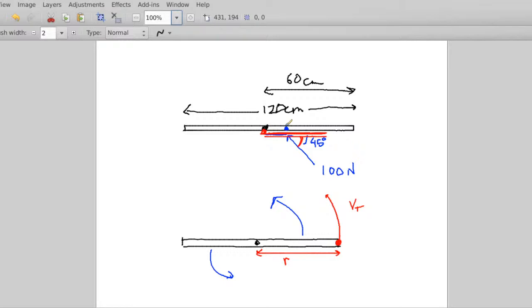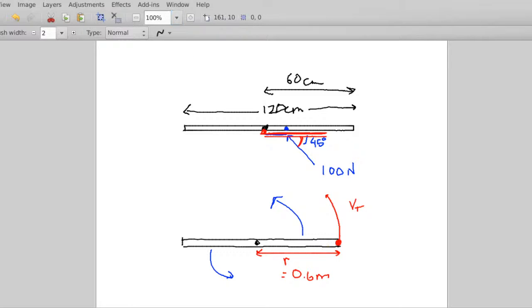It's the same as when we had where the force was acting at 20 centimeters. All the r's in these problems, the radial distances, are always measured from the axis. So you start at the axis, and go to wherever the point of interest is, or the point where the force is acting. And how big is that r? Well, if the whole thing is 120, half of it is 60. So this r is going to be 0.6 meters.